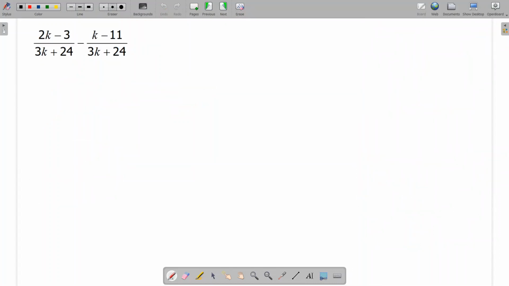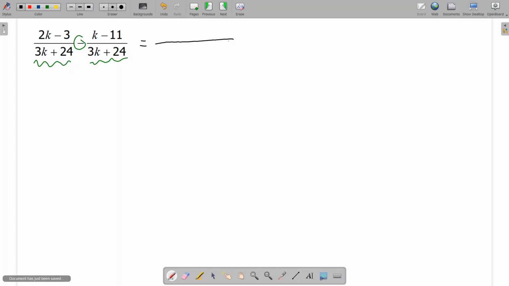Now, with subtraction, or addition, I should say, you need a common denominator first. We're lucky in this case because both of our expressions already have common denominators. So that means we can combine these two rational expressions by subtracting. When we do that, remember that the denominators stay exactly the same.